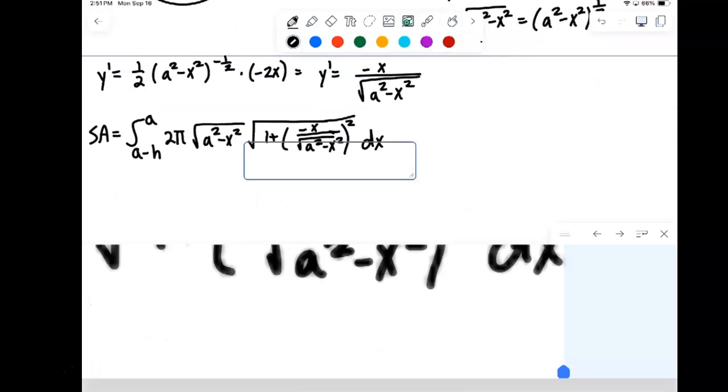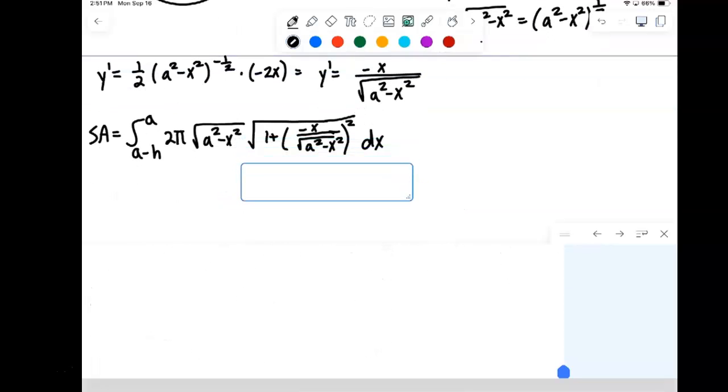Okay, so what remains now is to simplify and get this stuff cleaned up.